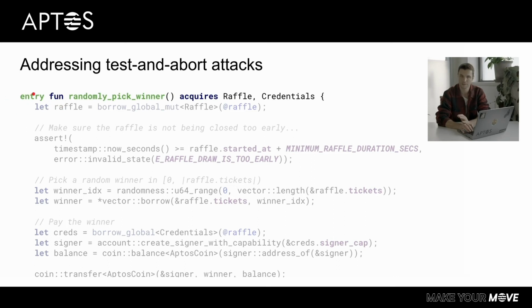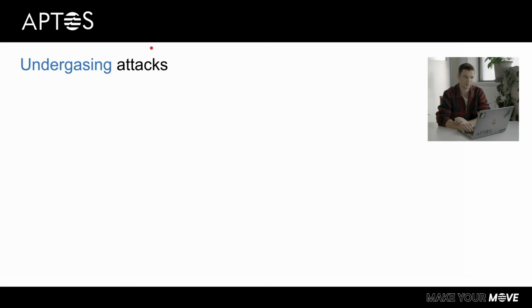It's a very trivial fix, and in fact, you don't even have to worry about this attack in your random contracts, because the APIs, the u64 range API, will check the call stack and ensure that it's being called from an entry function. So this is something that we plan to proactively defend against so that developers cannot make this mistake. But I wanted to showcase this attack anyway to illustrate some of the difficulties associated with randomness inside smart contracts.